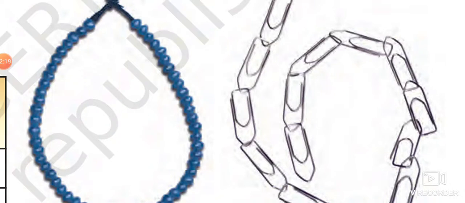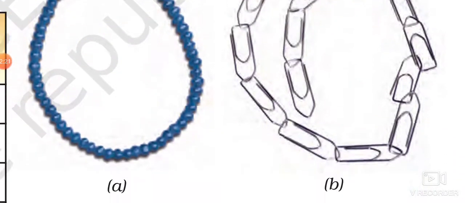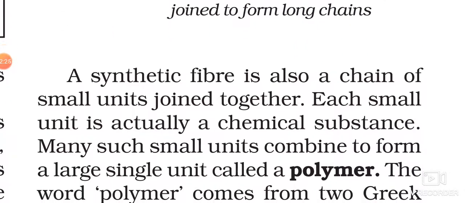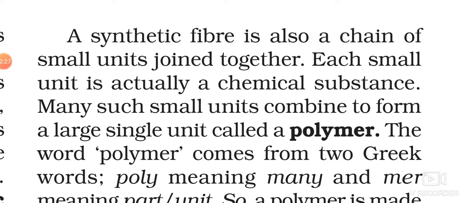Synthetic fibers are prepared from small units of chemical substances. Right? Very small units of chemical substances. They are joined together to form a large unit. Now, what are these units called? The smallest part is called a molecule.